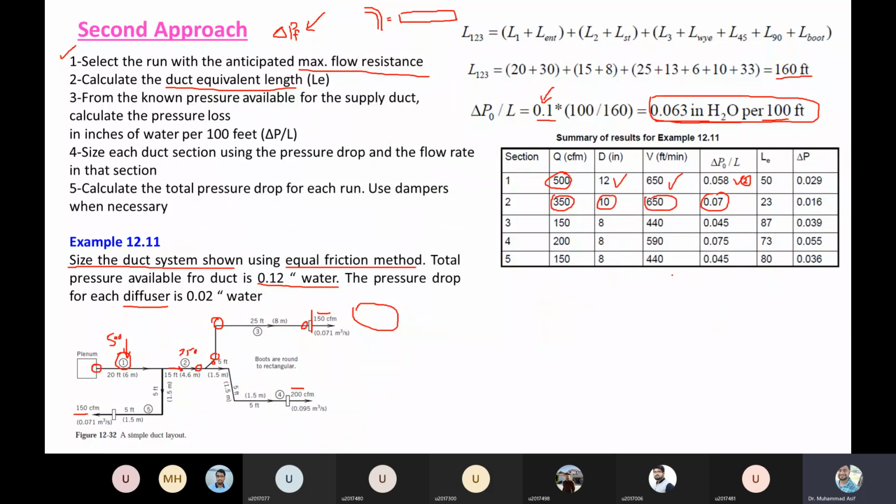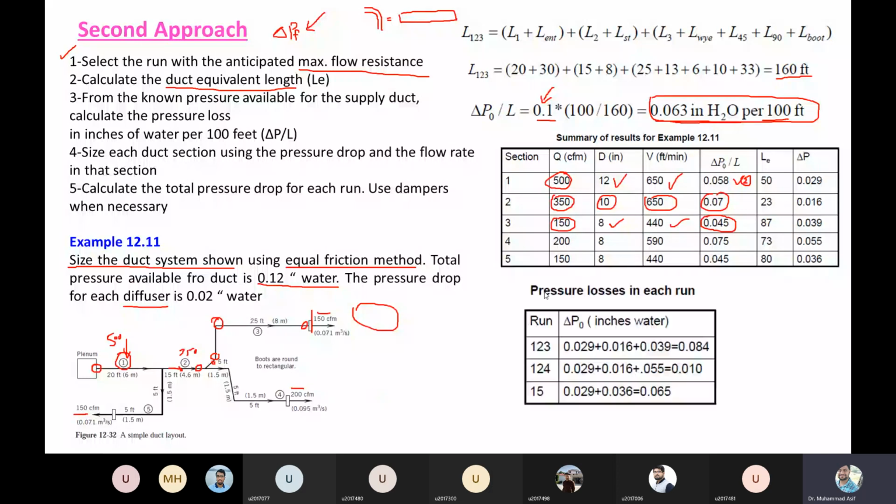Similarly for other sections, you can have the duct diameter and the velocity if you know two values, delta P naught divided by L and the flow rate. Then you can have the size in all of the five sections, right?